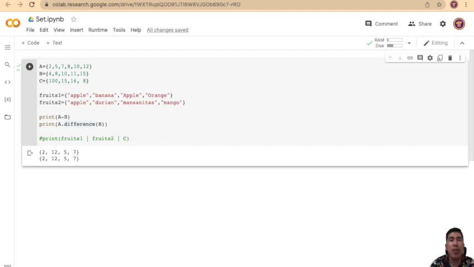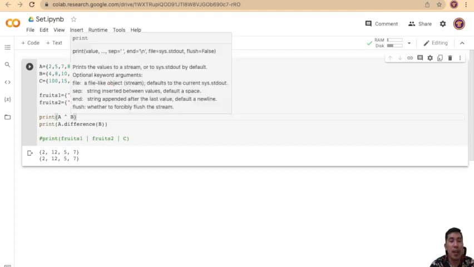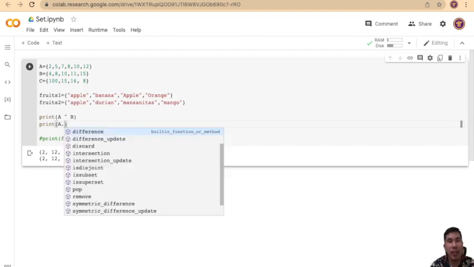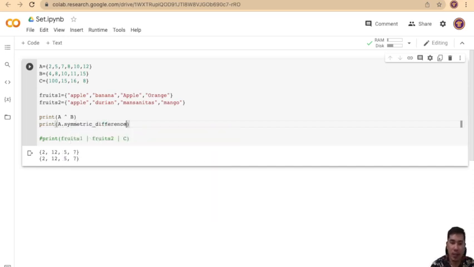Like union, intersection, and difference, we can implement symmetric difference in two different ways: using the symbol and using the built-in function. By using this symbol here, we can invoke the idea of symmetric difference, A symmetric difference B.